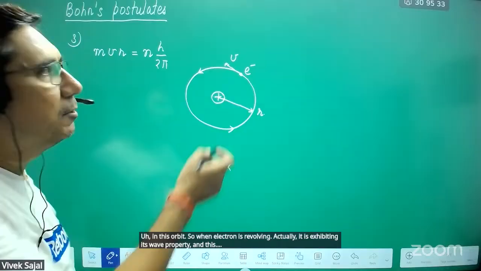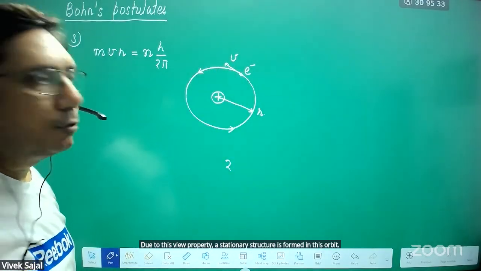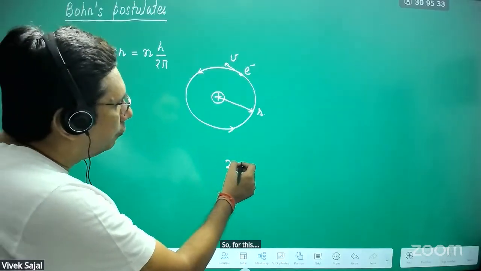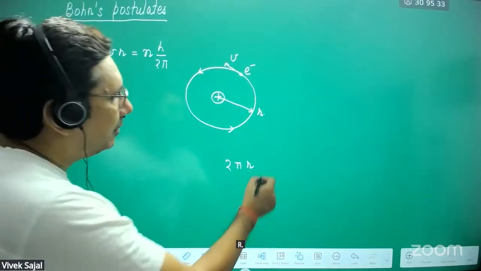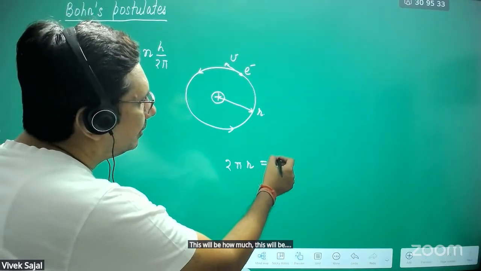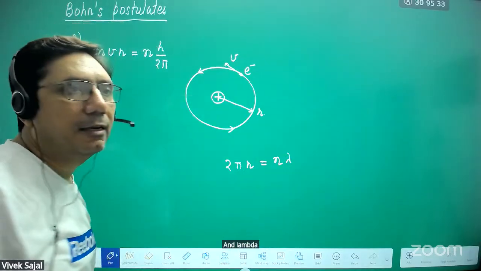Due to this wave property, a stationary structure is formed. So 2 pi r will be n lambda.